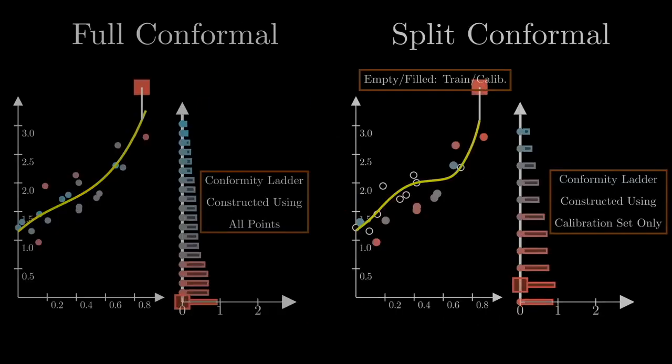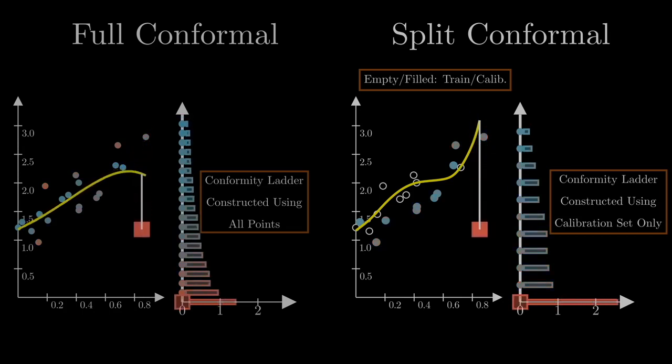Now that we are familiar with both full and split conformal methods, to make sure that we fully understand their difference without leaving any stone unturned, let's put the two methods side by side and compare their behavior as we examine different plausible values for the test point, the square, by moving it around.